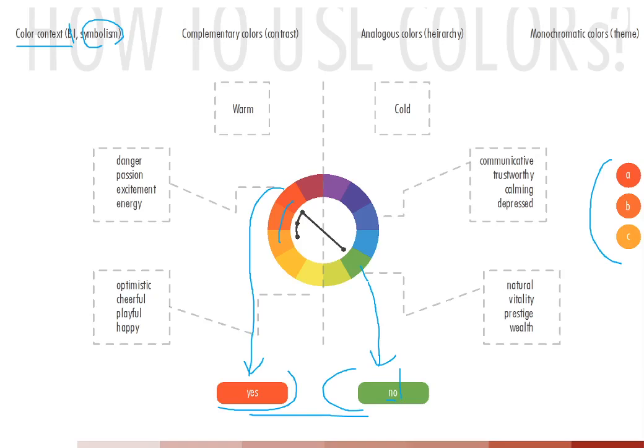Okay, for the monochromatic colors, using various shades and saturations and tints of the main hue, you can create a monochromatic scheme. This monochromatic here, on the bottom, lacks contrast, but has flexibility of changing lightness and darkness easily.